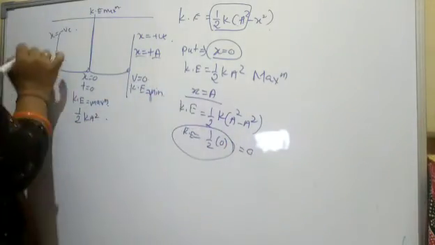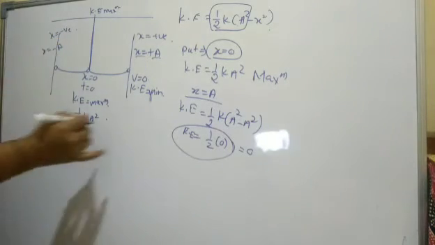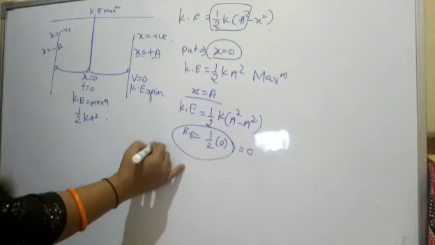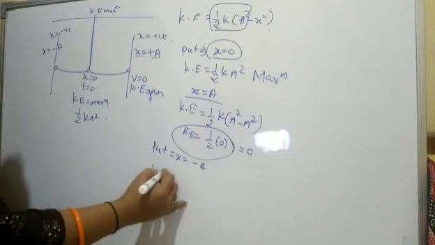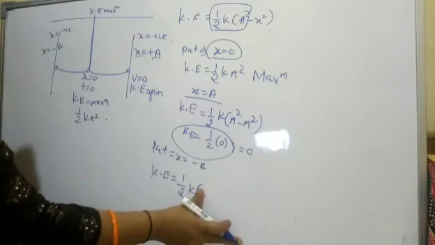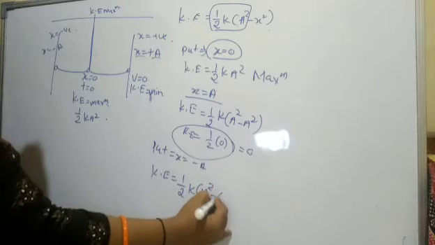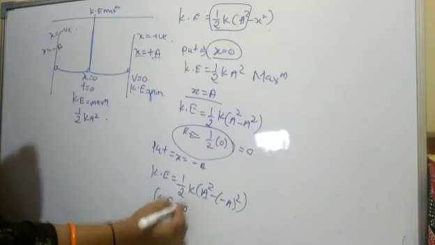When you put x = −a, the negative extreme position, kinetic energy will be 1/2 k (a² − (−a)²). So again it becomes 0.